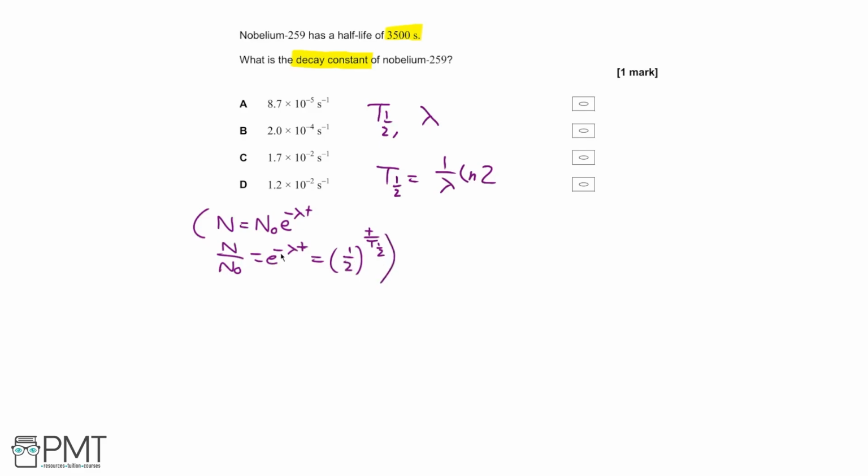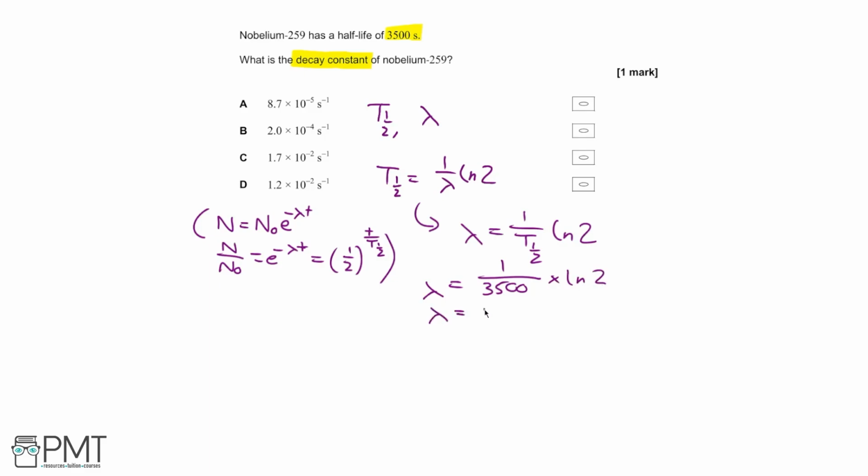By doing some mathematical manipulation, this equation is rewritten in the form over here. So rearranging then, we have that lambda is equal to 1 over T half, multiplied by the natural logarithm of 2. Therefore, we can substitute in numbers for this, so lambda is equal to 1 over 3,500 multiplied by the natural logarithm of 2.